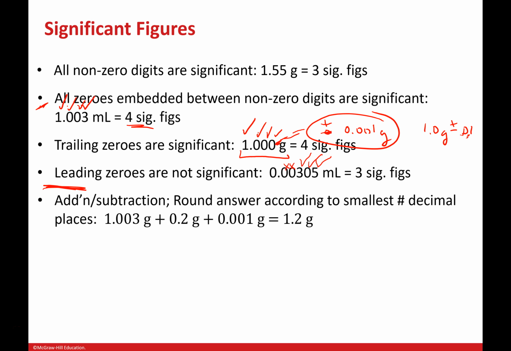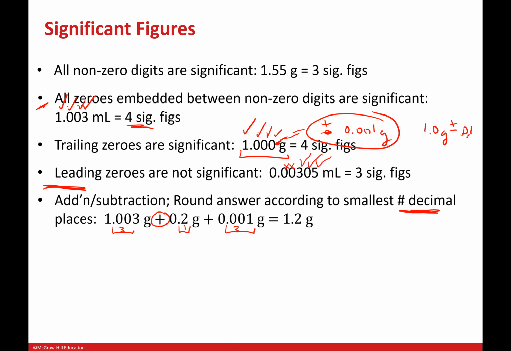So the example I've got right here, notice that we're adding. We're not multiplying or dividing, so we have to round according to fewest decimal places. I have 3 decimal places here, 1 decimal place here, and 3 decimal places here.